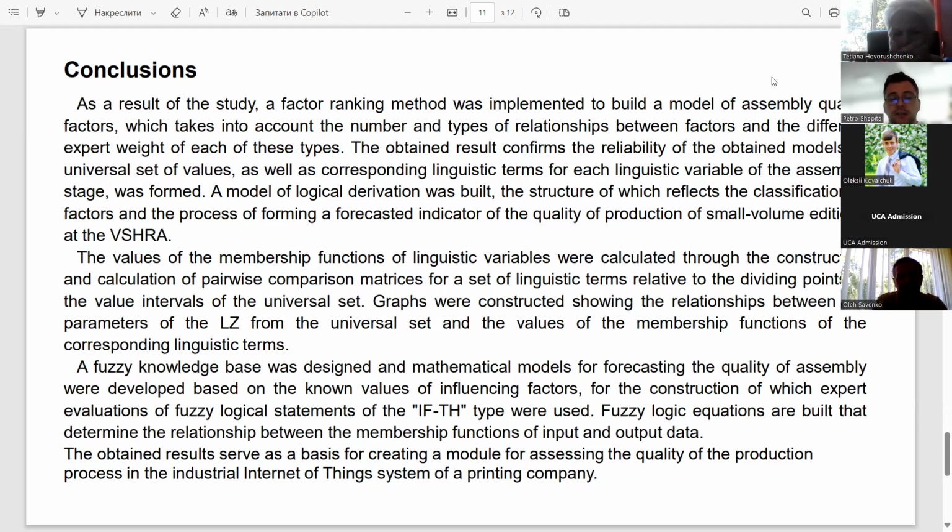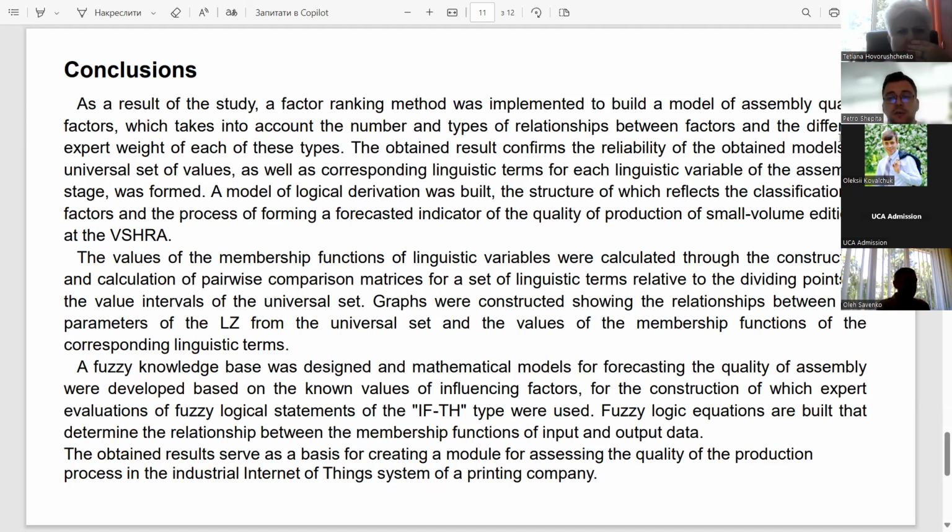Further, the knowledge base was developed and mathematical models for predicting the quality of the assembly were developed based on the known values of influencing factors, for the construction of which expert evaluation of fuzzy logical statements of the if-then type was used.